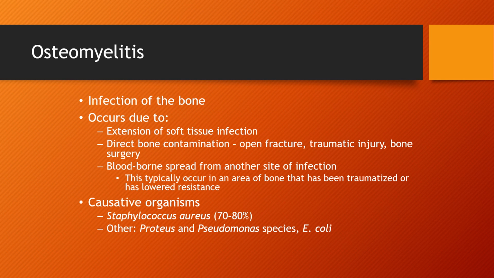And it could be bloodborne that's spread from another site of infection. This typically occurs in an area of bone that's been traumatized or has lower resistance. So it doesn't happen that often, but it can happen. And the most common organisms that cause this are Staphylococcus aureus, about 70 to 80% of the cases. But Proteus and Pseudomonas and E. coli also are culprits.